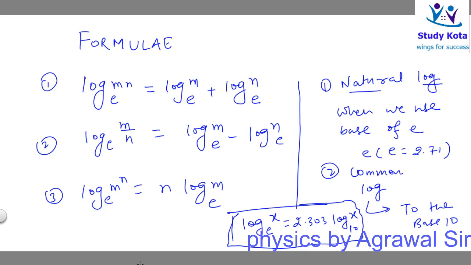So this is the conversion factor from the natural to the common. Okay. So guys, please memorize it, because these formulas are used very frequently in physics, and they don't require any derivation or any background. You just need to write these formulas. Okay. So let us have some examples based on it.